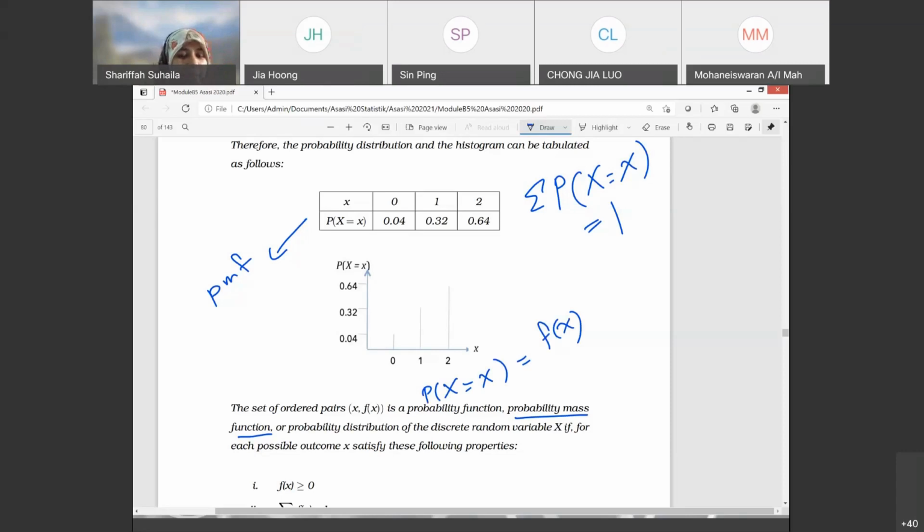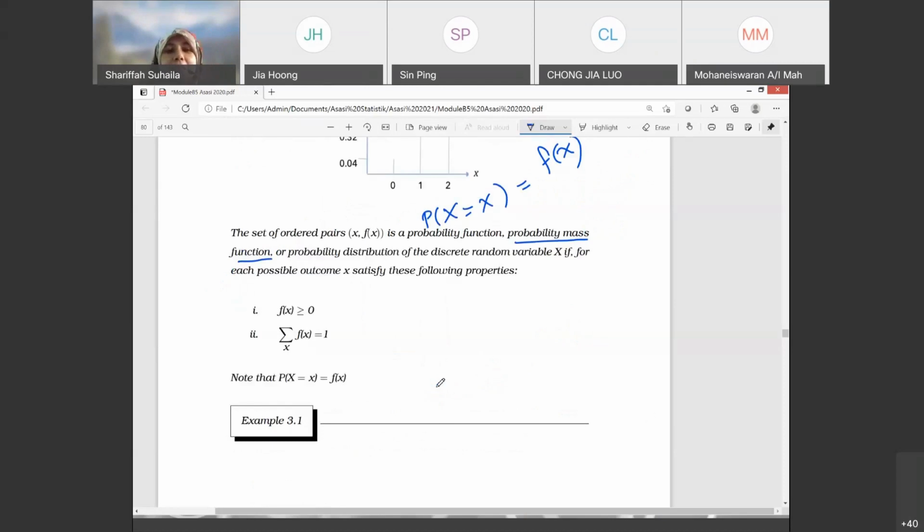Again, the properties of a discrete probability distribution, a discrete probability function. First, all probabilities must be greater than or equal to 0, so you check whether f of x is greater than or equal to 0 or not. Second, total probability must equal 1.